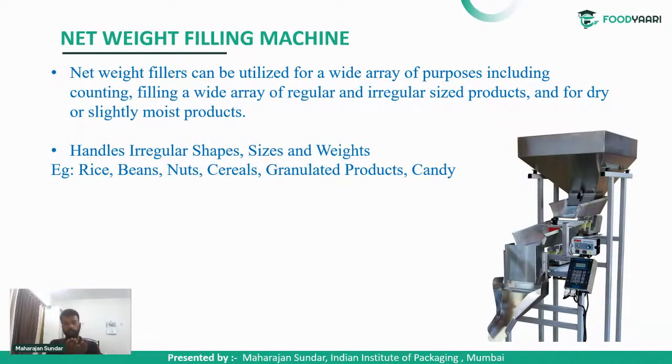For example, a 100 rupees or 50 rupees packet of candy weighs around 200 grams. In case of 200 grams of chocolates, a single unit will fall on the load cell. After weighing, it will fall onto the packaging material, which is opened by mechanical means.